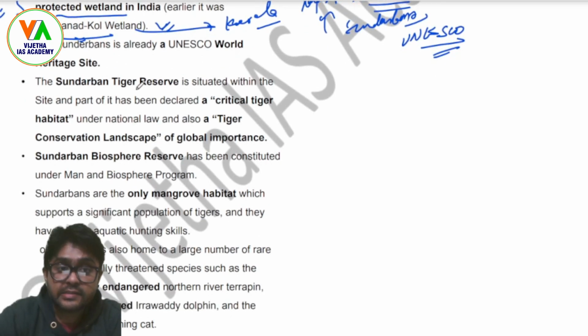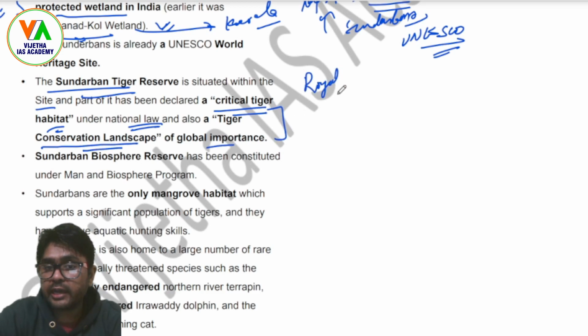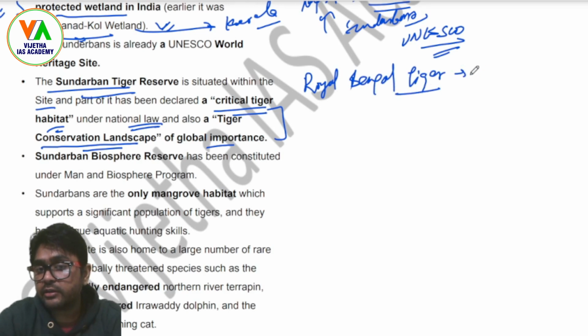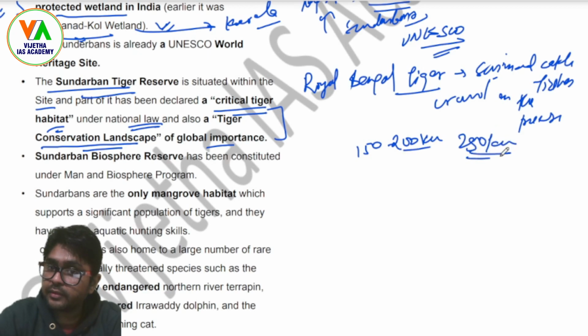The Sundarban Tiger Reserve, very important, is situated within the site, and part of it has been declared a critical tiger habitat under national law and also a tiger conservation landscape of global importance, because of the Royal Bengal tiger, a unique species that can swim and catch fishes, and it can crawl on the trees irrespective of its weight, because its weight can go up to 150 to 200 kilograms or even 250 kilograms, right?